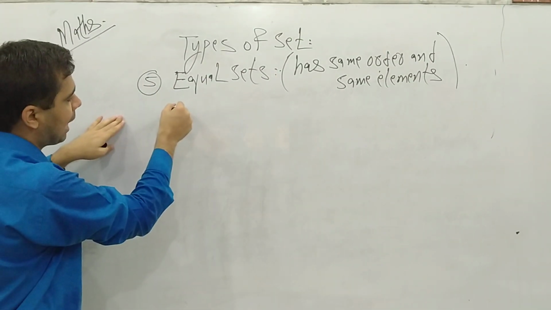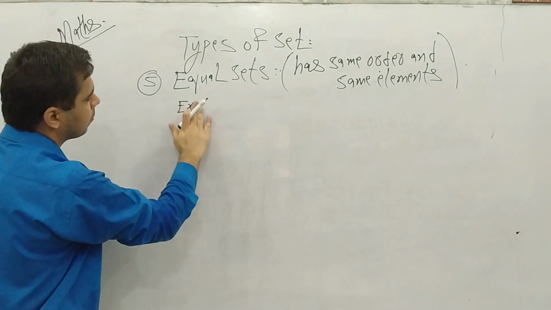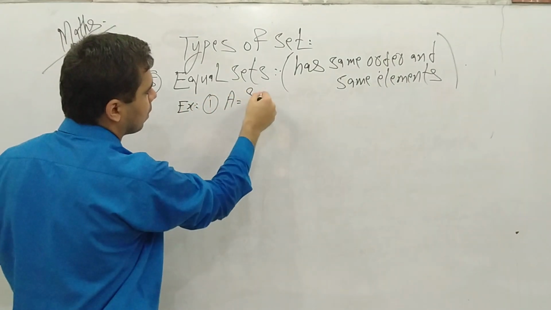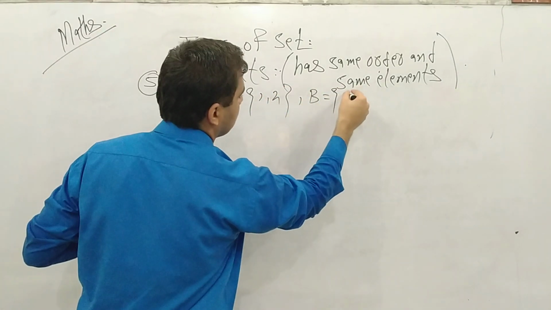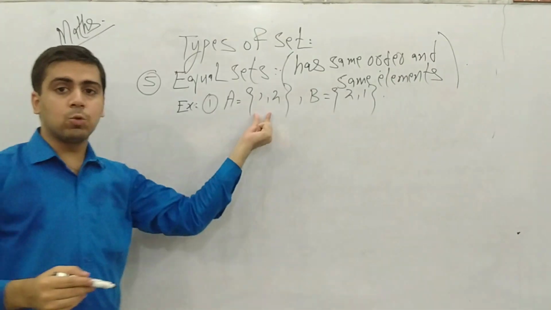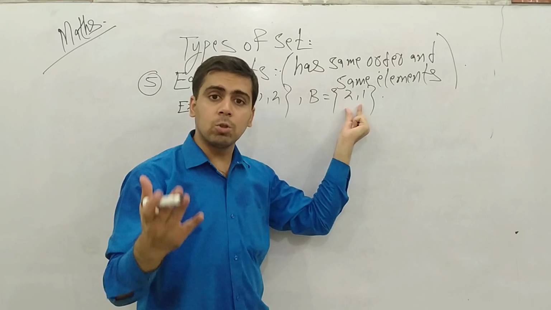Now take a look at an example. First example: A equals {1, 2} and B set equals {2, 1}. Here the order of this set is 2 because there are two elements, and in this set there is also the same order.